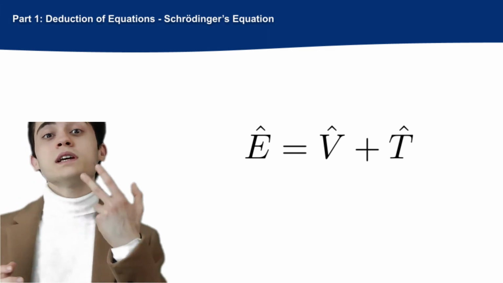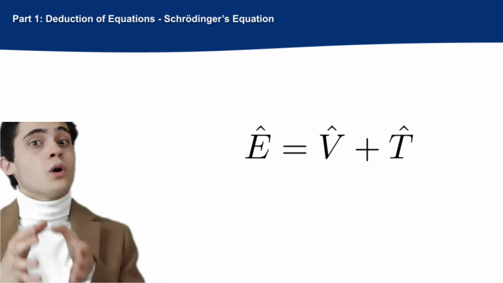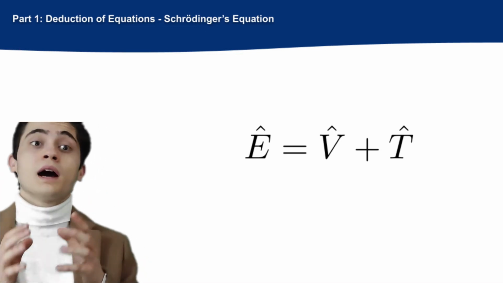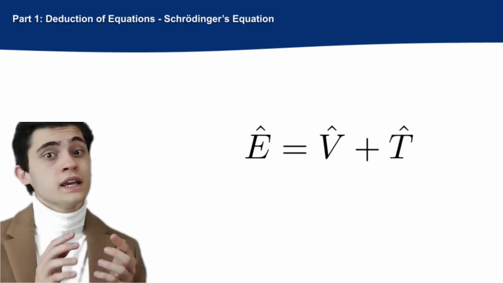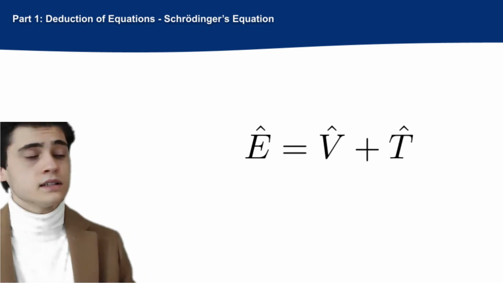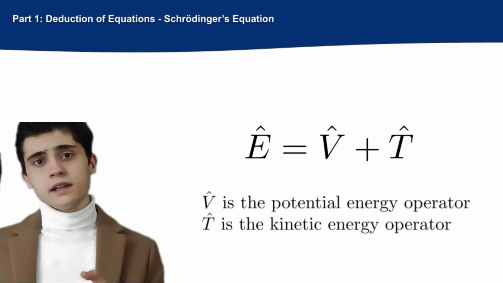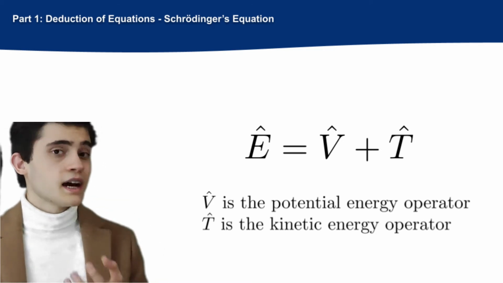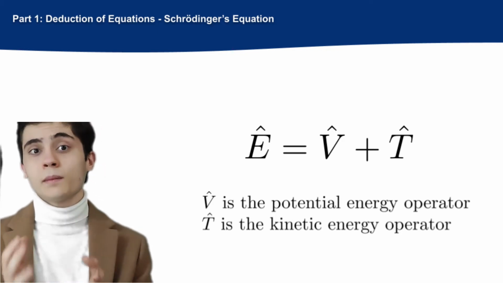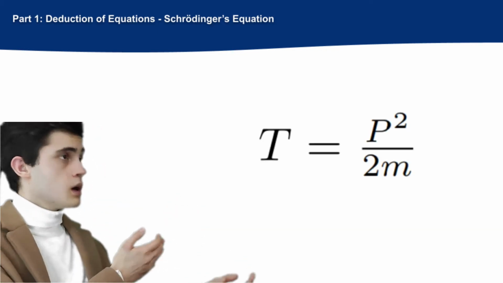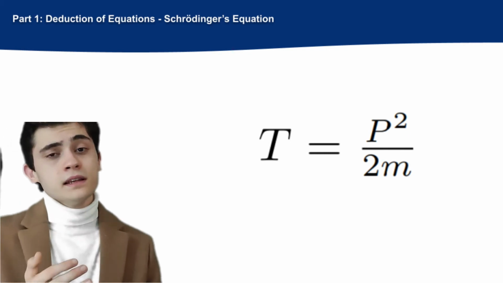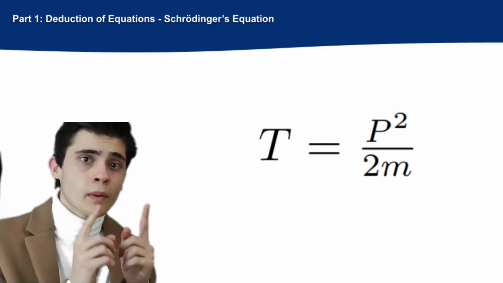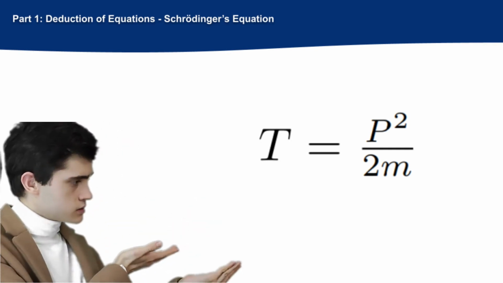And as we said before, each of our classical magnitudes becomes an operator, and the same happens to kinetic and potential energy. Considering that the classical kinetic energy can be expressed as a function of the linear momentum as, we can rewrite it as an operator in terms of the momentum operator like this.